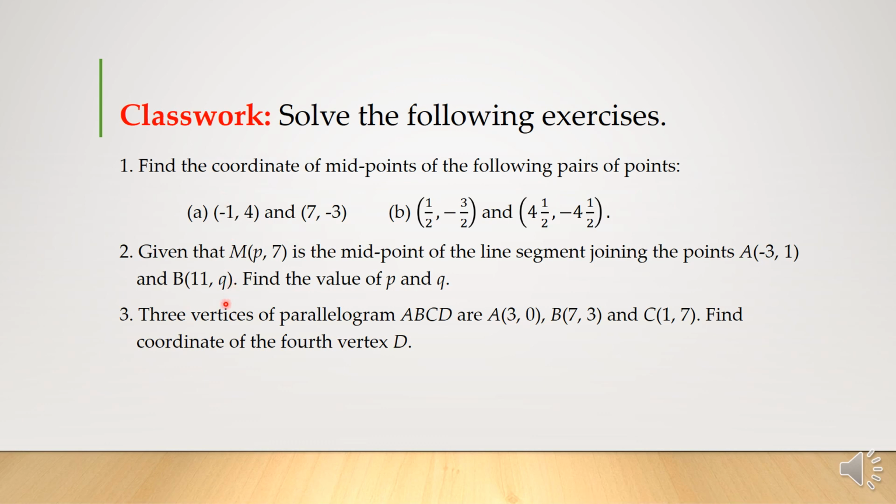And in the second problem, they provide you with the midpoint with unknowns, and then you find those unknowns, P and Q. And number 3, they give you the parallelogram ABCD with coordinates of A, B, C, but we don't know the coordinate of D. We have to find the coordinate of the vertex D. So to find it, you have to remember that the intersection of the two diagonals is the midpoint. So you can use the midpoint to find the vertex D.